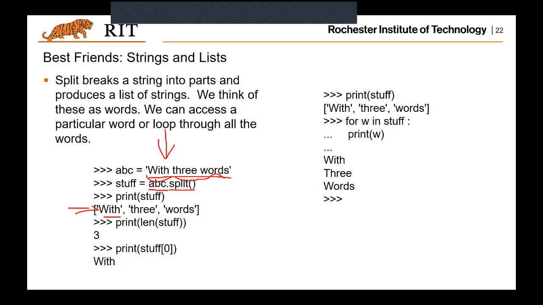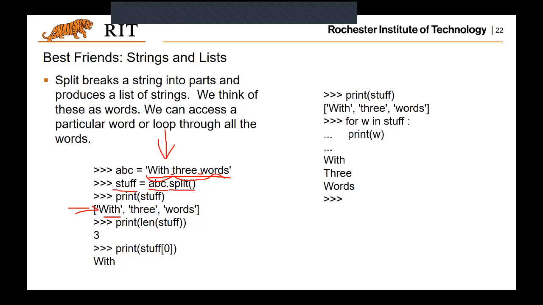This string has 3 words plus 2 spaces, and this split function will split this original string into 3 words and store them into a list, which is named stuff.